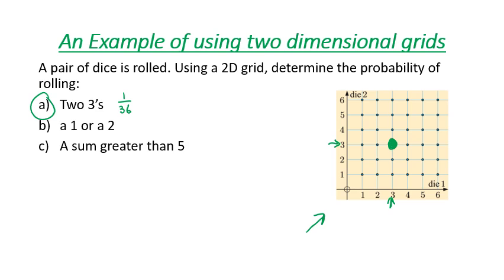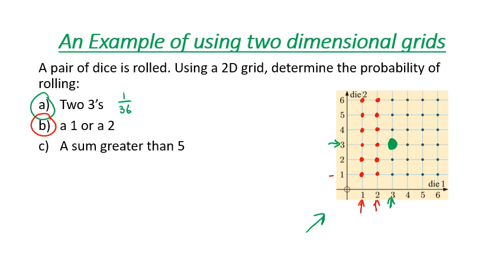If we're looking at our part B question, it says a 1 or a 2. Okay, so we've got a 1 or a 2. We know that these dots all have a 1 because that's a 1 on our dice 1. We've got a 1 or a 2, so all of these could have a 2 on our dice 1.